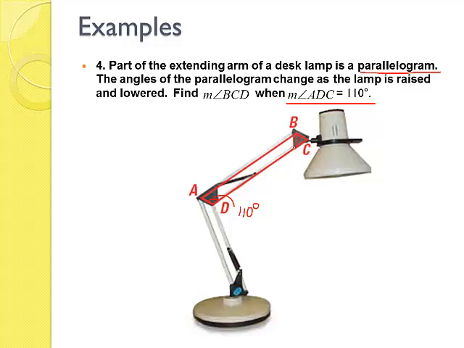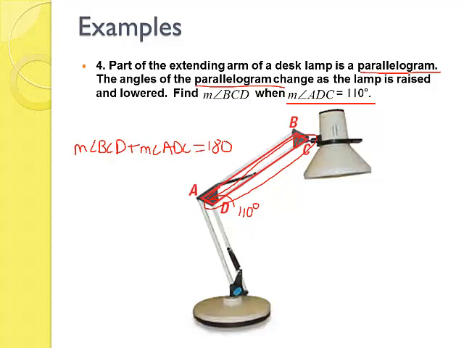Okay? So what do I notice? Since we know that this is a parallelogram, we can say that these two angles are consecutive. They're right next to each other. So if they are consecutive angles in the parallelogram, from a previous theorem that we just learned, the angles are going to be supplementary. So you can set up and say measure of angle BCD plus the measure of angle ADC is going to be equal to 180 degrees.